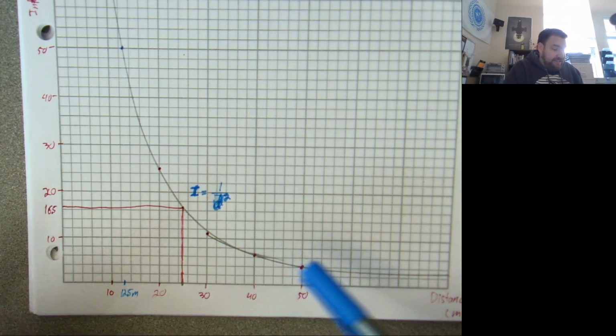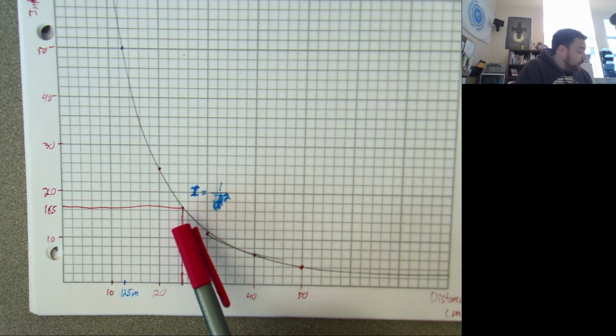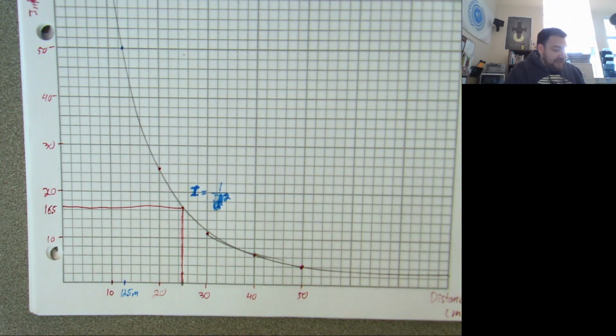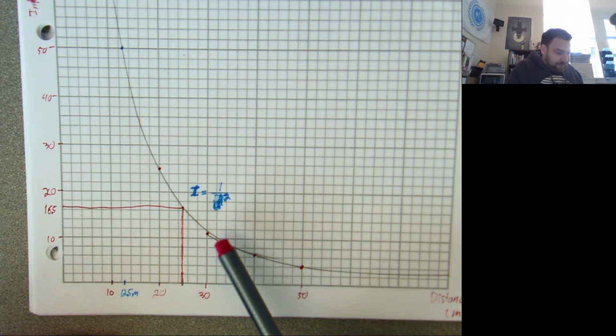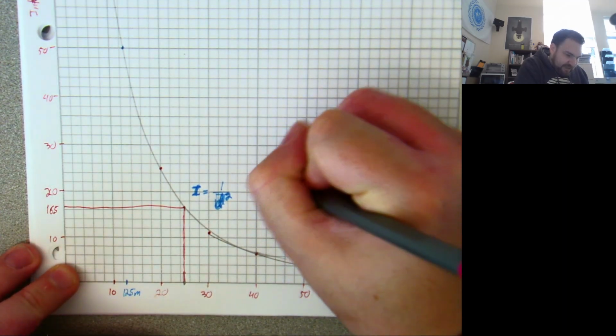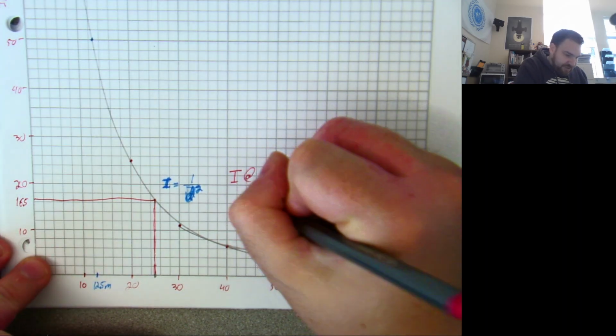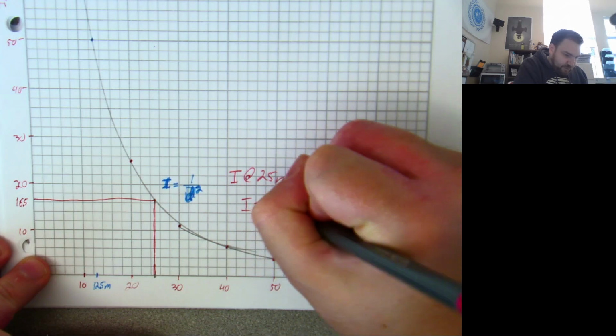And so we can actually test this and see how good our French curve is. We wanted, for question C, what would we predict the intensity of light to be at 25 meters? So using this equation, the intensity at 25 meters should be I equals 1 over 25 squared.